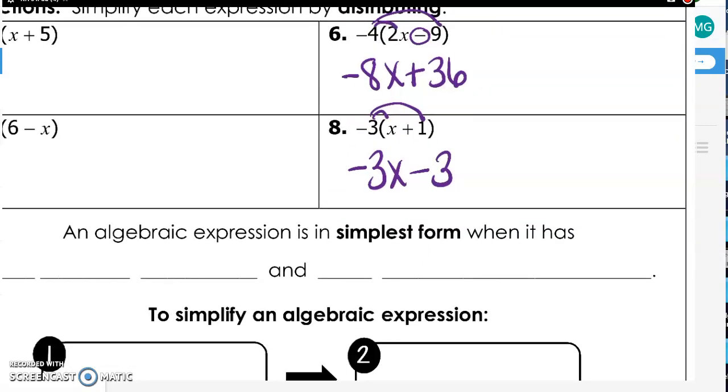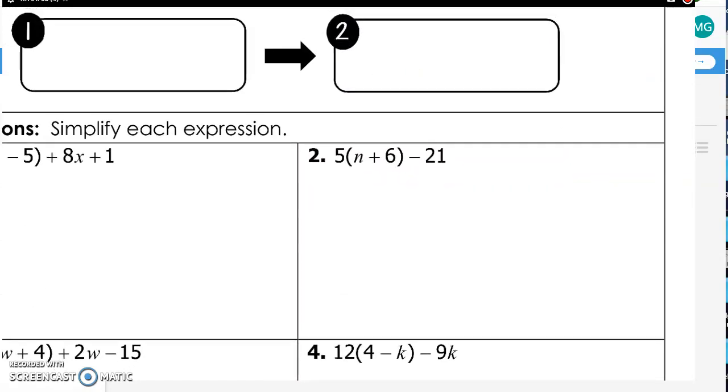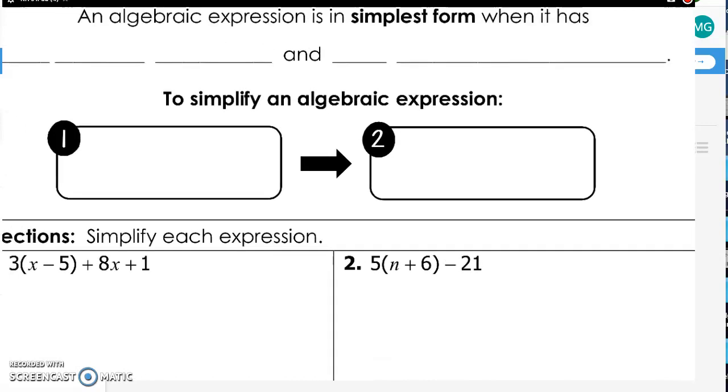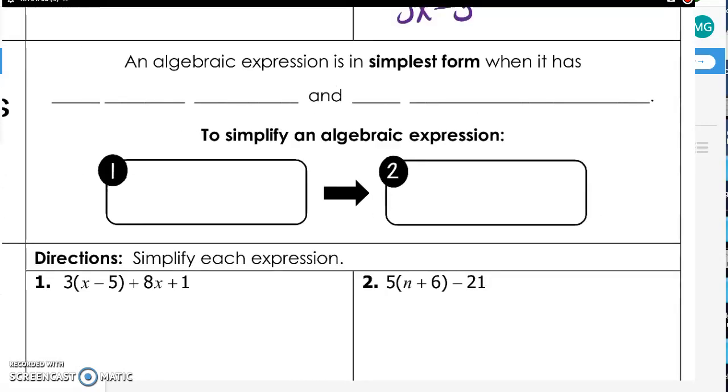So if you look down at number 2, there are parentheses and then there's things on the outside of parentheses. So in order for an algebraic expression to be completely simplified, so in the simplest form, which is what you're going to do every time, it has no like terms that can be combined and no parentheses.